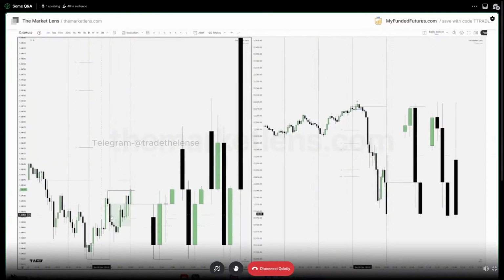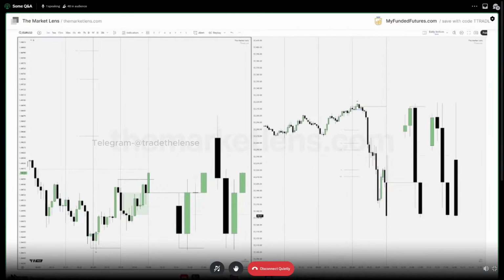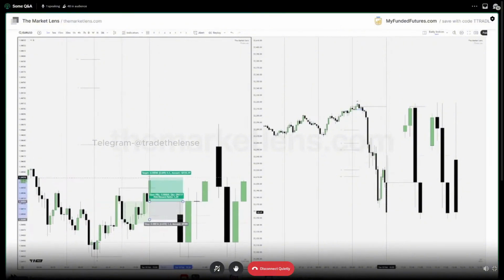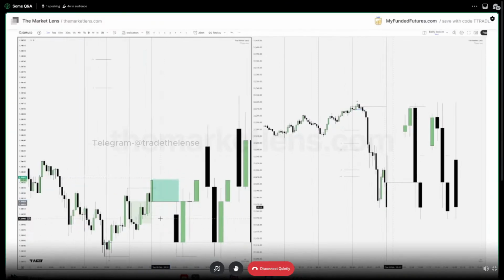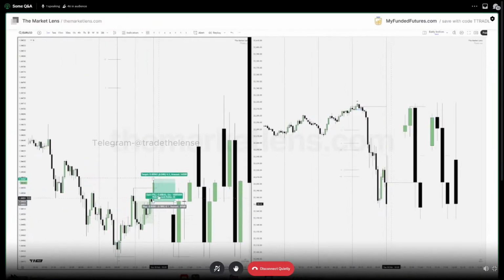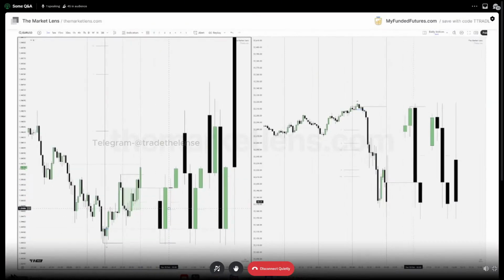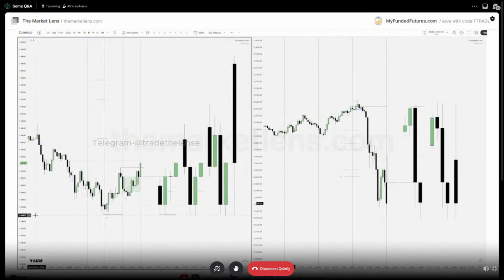If I was gonna trade this, how I'd have to trade it is I would just long the open of this next candle, my stop here, if this is what I believed. And then once it traded through these highs, I would just put my stop break even. That's very discretionary because you're trying to trade a breakout in my eyes. So I don't know.